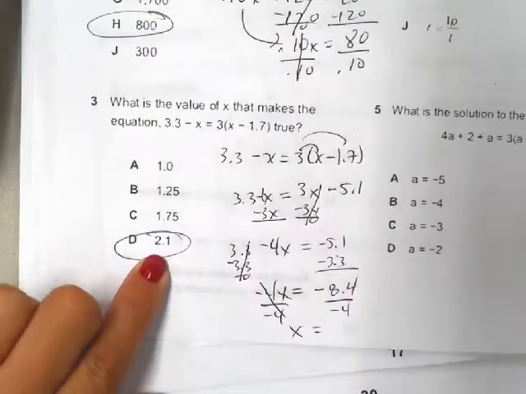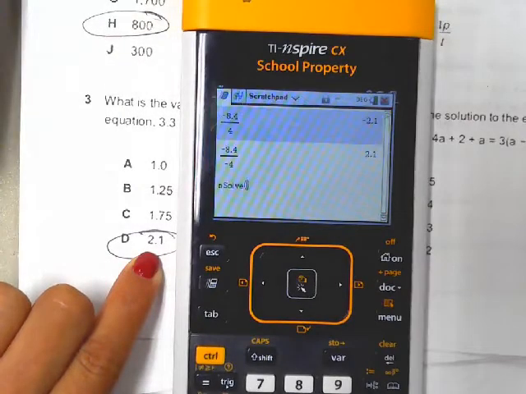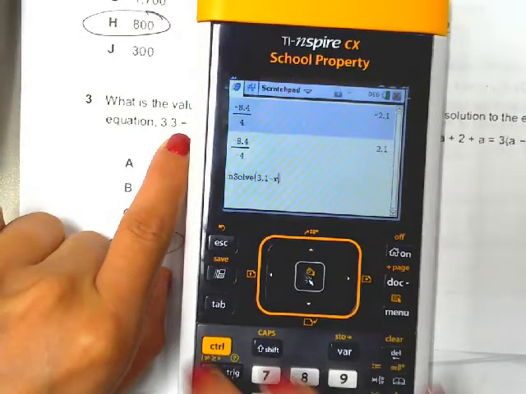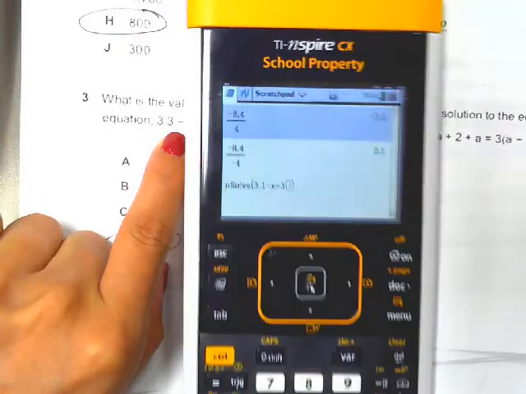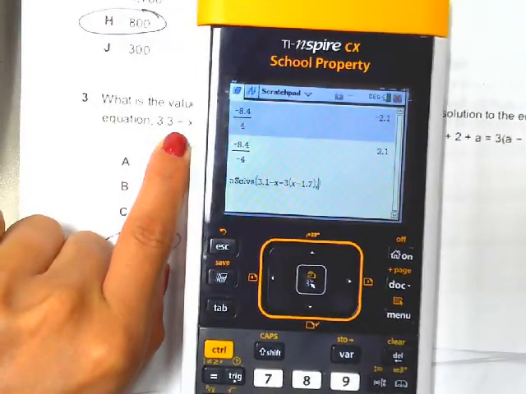Again, you could have done numerical solve: menu, algebra, numerical solve, 3.3 minus x equals 3 open parentheses, x minus 1.7, close parentheses, comma x.